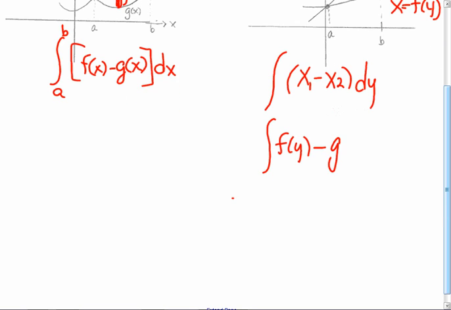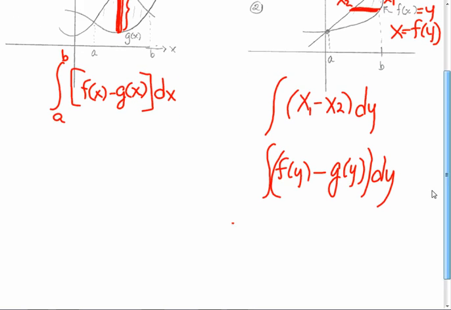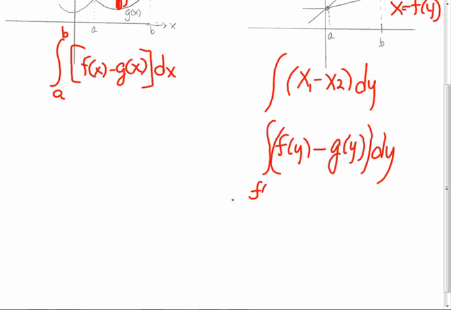Actually, probably should be inverse, but that's okay. dy. And we're not going to integrate from a to b. We're going to integrate from where? f of a to f of b. Why is it? Because it's y. It's not x. These x's are a to b. So that shouldn't have been too bad, right?